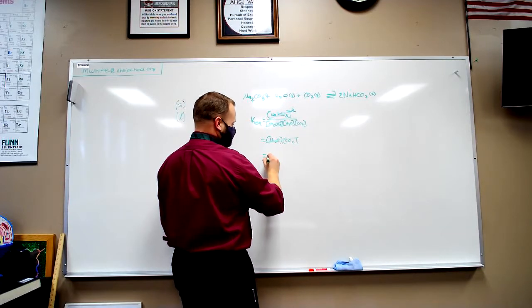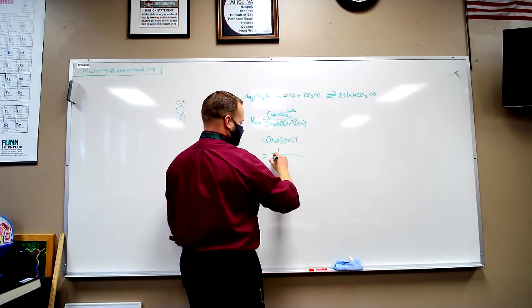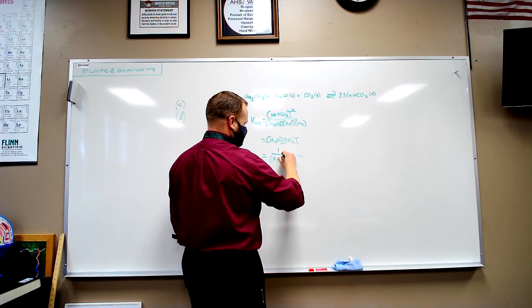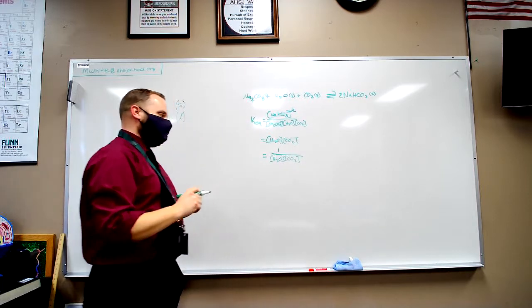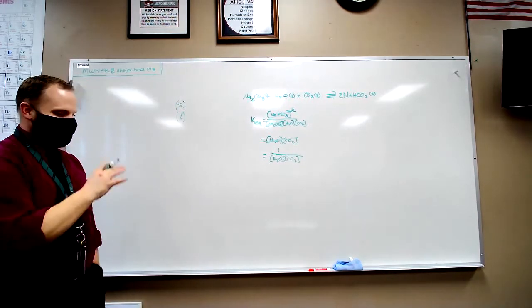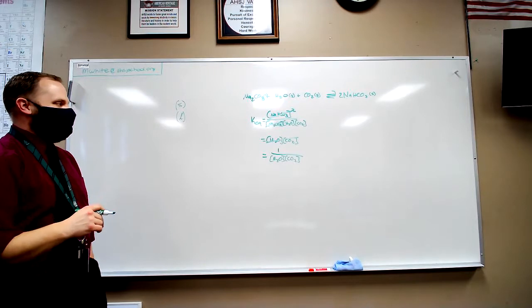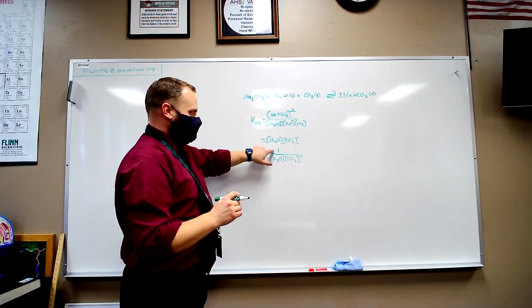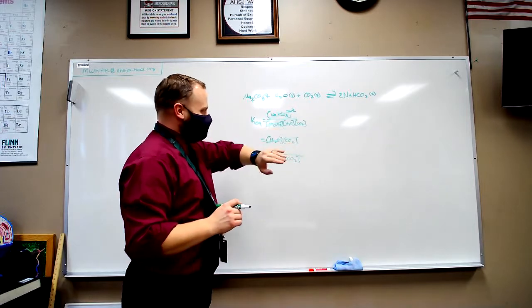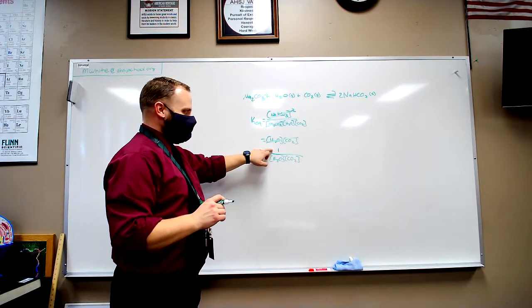What we actually have to do is 1 over that. So just be aware of that as you're doing your calculations and things like that. If you eliminate something on the top, you have to keep the 1. If you eliminate everything on the top, you've got to keep the 1.